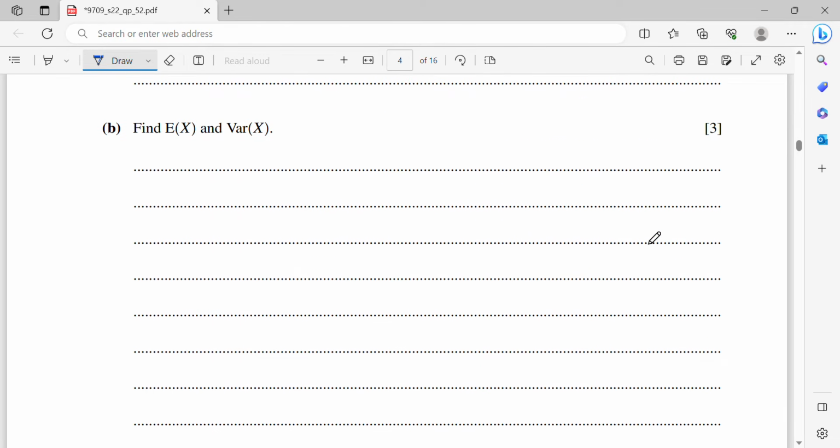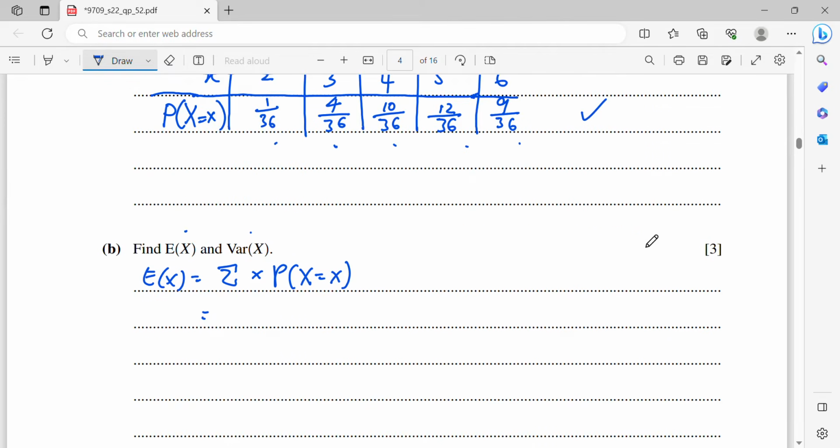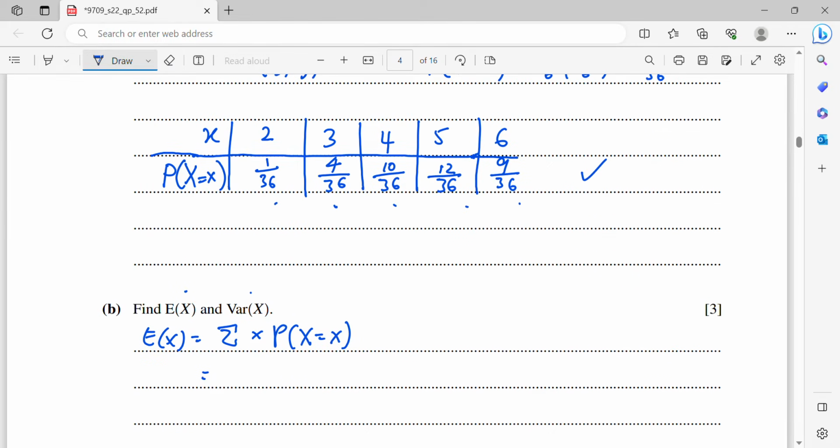Now for B, find E(X) and Var(X). We know that E(X) is the summation of x P(x). Looking at the probability distribution table, we need to multiply: 2 multiplied by 1 over 36.